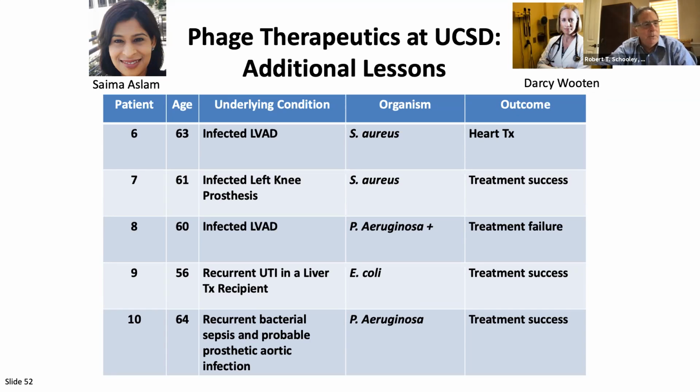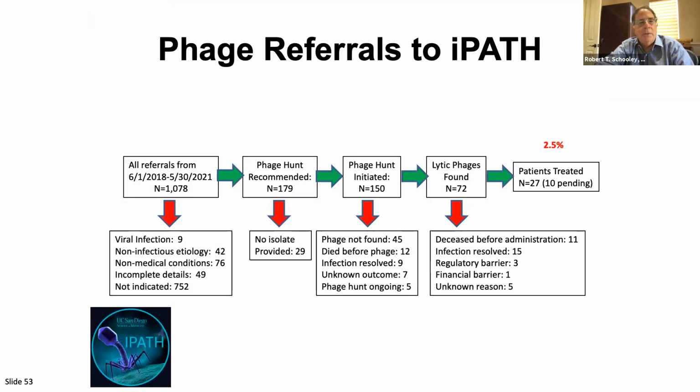Stephanie, as you may remember, is the wife of Tom Patterson and a member of the faculty here as well, infectious disease epidemiologist, put together an institute called IPATH, which is a phage therapeutics institute at UC San Diego. And we've been providing assistance to people who are looking for phage for clinical use.